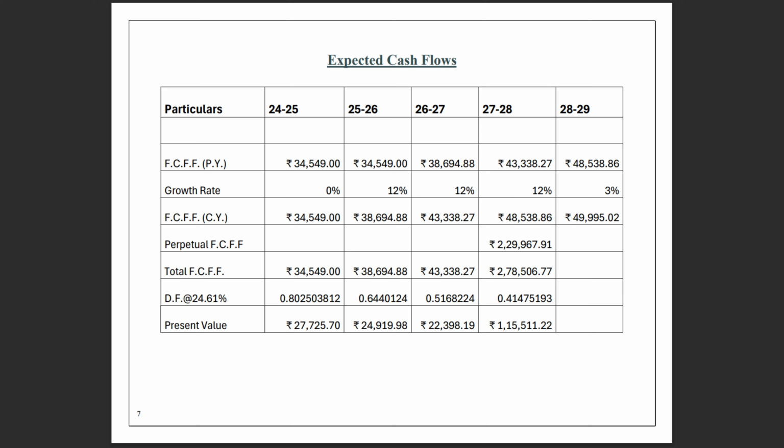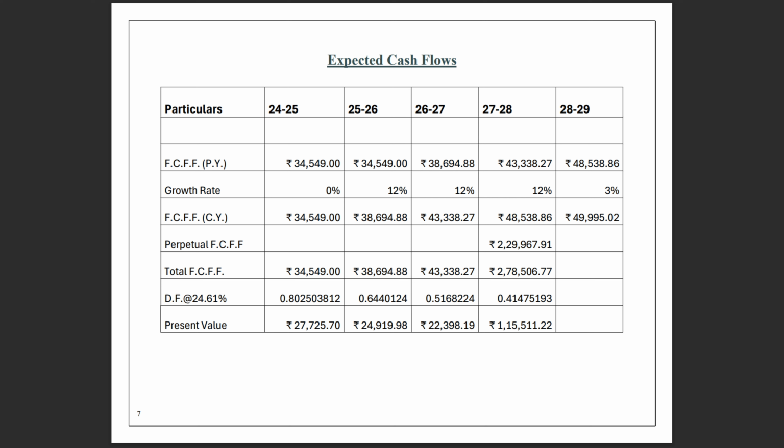Now this discount factor is nothing but cost of equity, that is CAPM, multiplied by the weights of equity, and cost of debt multiplied by the weights of debt of the company.